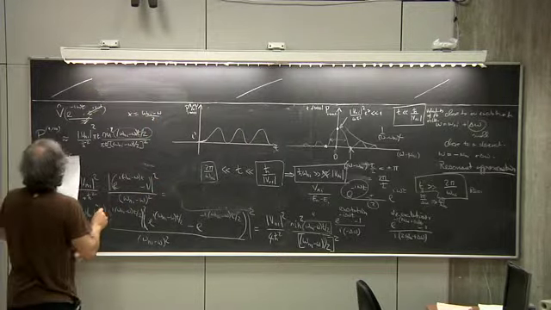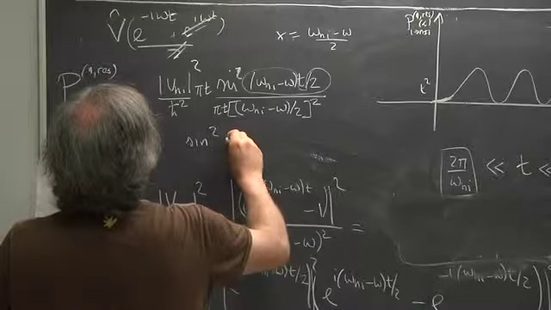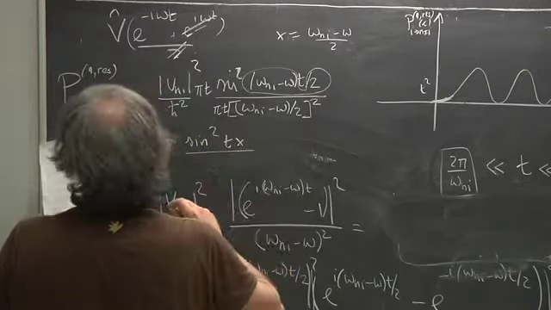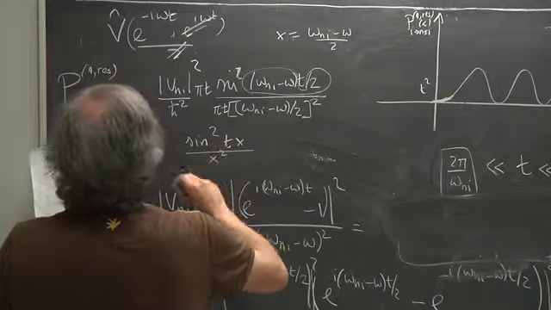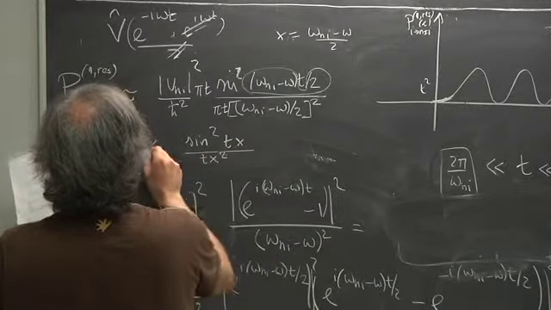So the integral over x, what you have there is sine square t times x divided by x squared, times t, and then there is a 1 over pi.